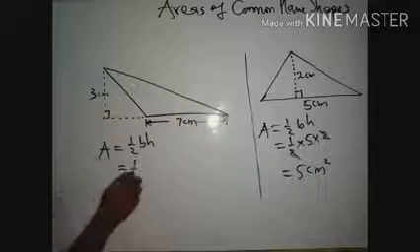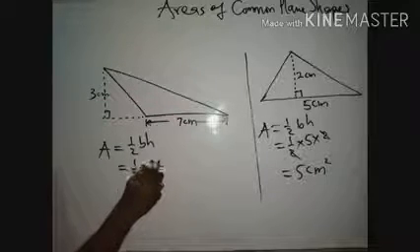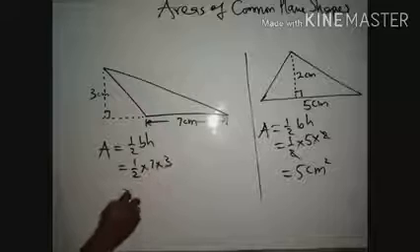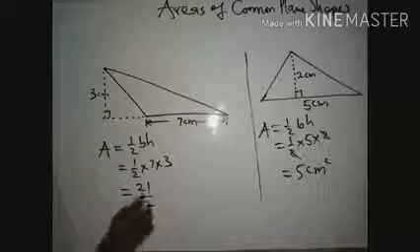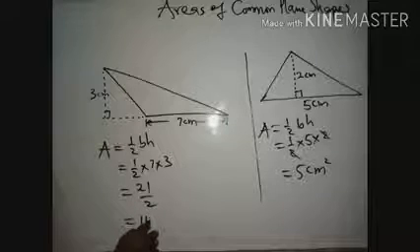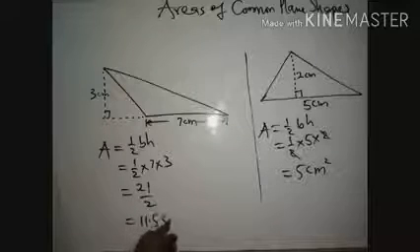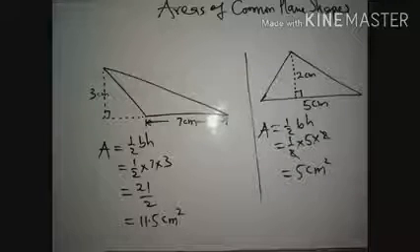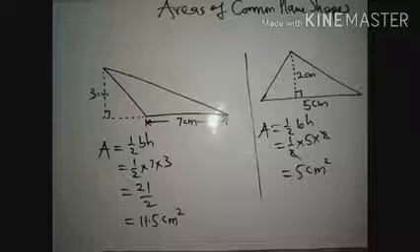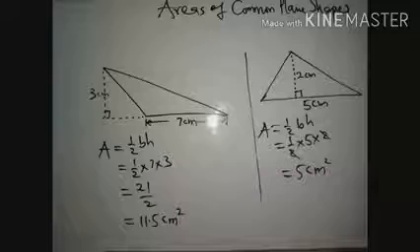This is half times base times height, which is 3. So here I'm going to have 21 over 2, and that will give me 11.5 centimeters square. That is how to solve this. So these are the basic types of triangles you will see. Sometimes they will give you the one where you will have the right-angled triangle showing, or they can just make it like this. Please take note of this.